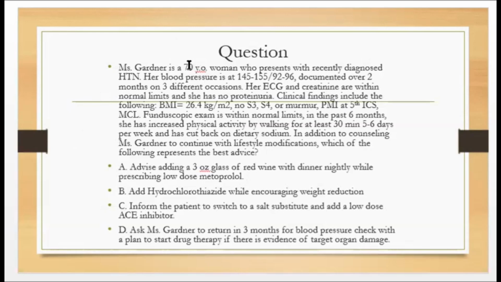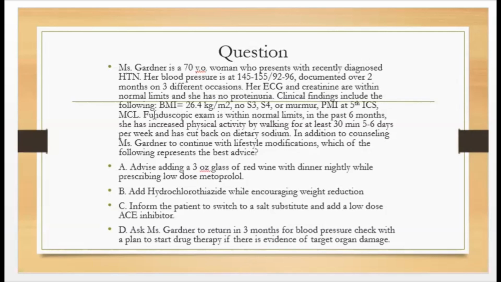And if you remember, the JNC guideline says that somebody that is 70 years old should be around 150 over 90. But this patient is 145 to 155, okay? Documented over 2 months on 3 different occasions. Her ECG and creatinine are within normal limits and she has no proteinuria.